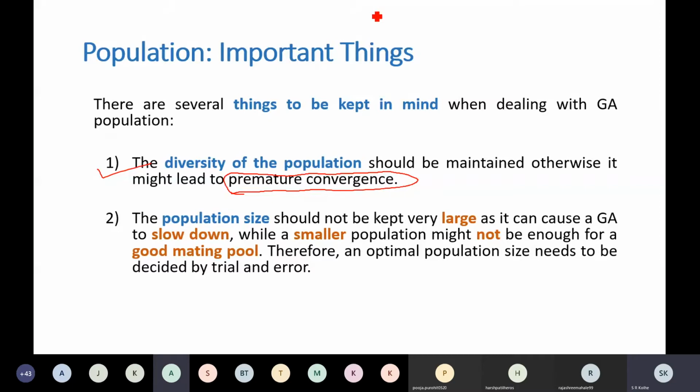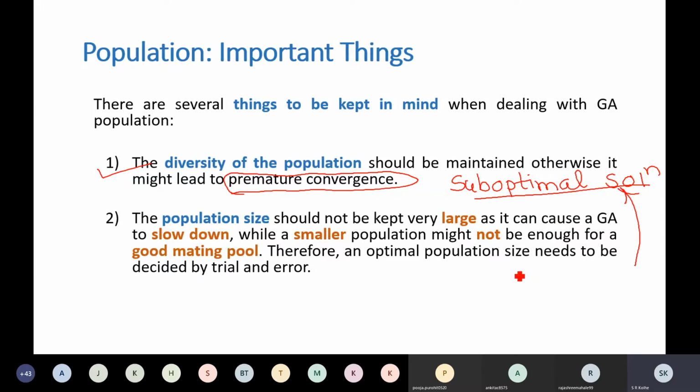If diversity is not maintained, you will get a suboptimal solution. Premature convergence is associated with getting a suboptimal solution. Now, what is the meaning of this? Suboptimal solution means it is a solution, but it is not optimal.